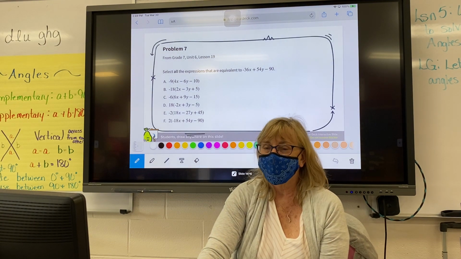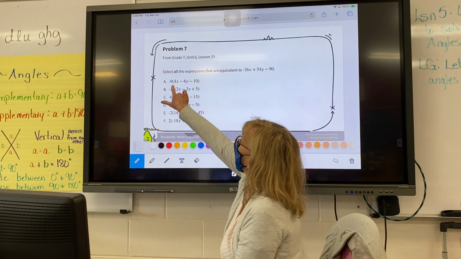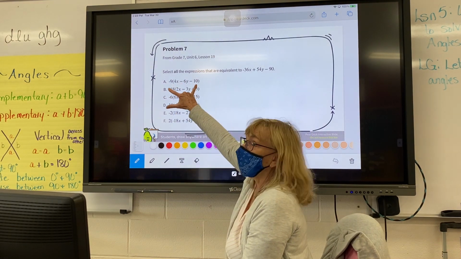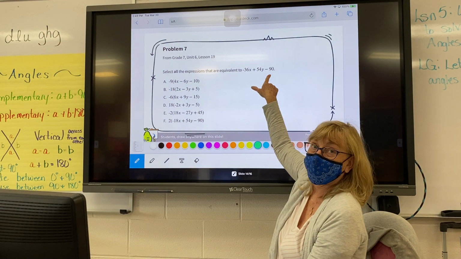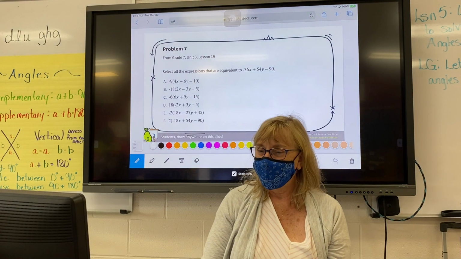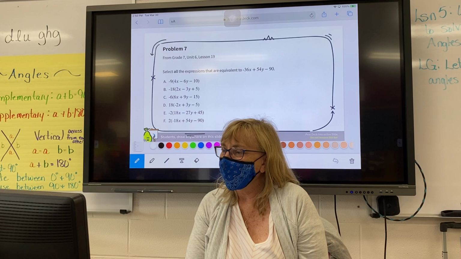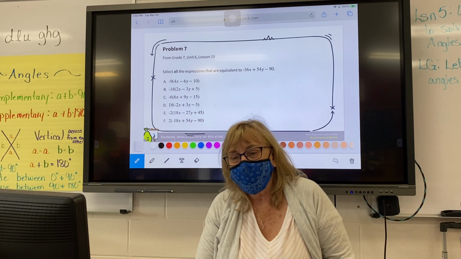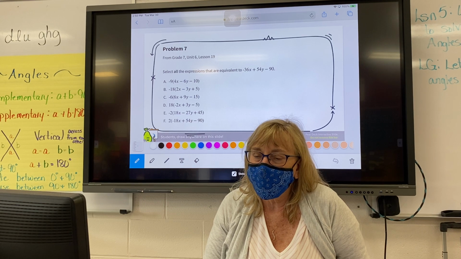Is that what we need? You're right. Negative 9 times negative 10 is positive 90. But is this positive 90? No. Now that I say it out loud, I see that I made a mistake. That's good. You just learned. All right, so A does not work. If you have A circled, please erase it.